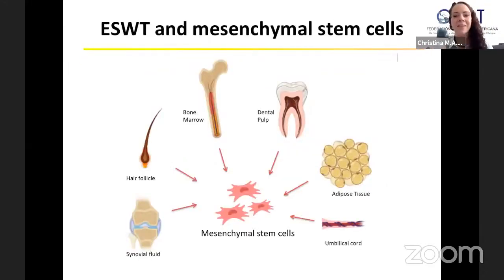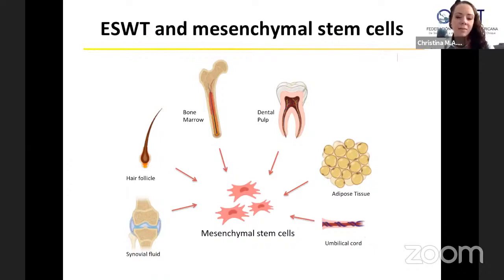A usually very interesting field in general in tissue regeneration is mesenchymal stem cells. Adult mesenchymal stem cells are present in many tissues, including the synovial fluid, hair follicles, bone marrow, dental pulp, adipose tissue, and the umbilical cord, among many others.